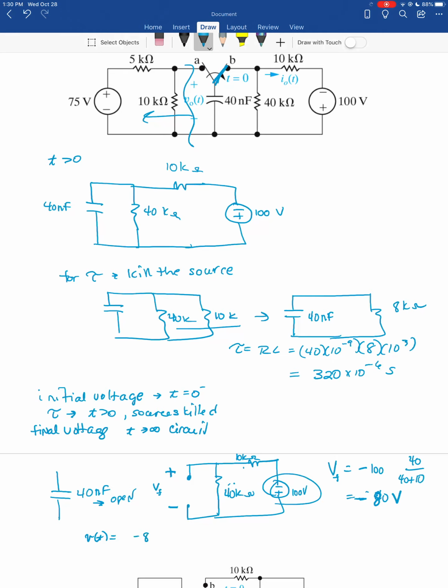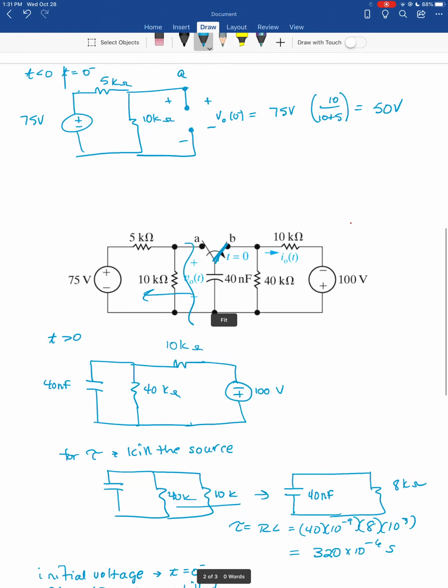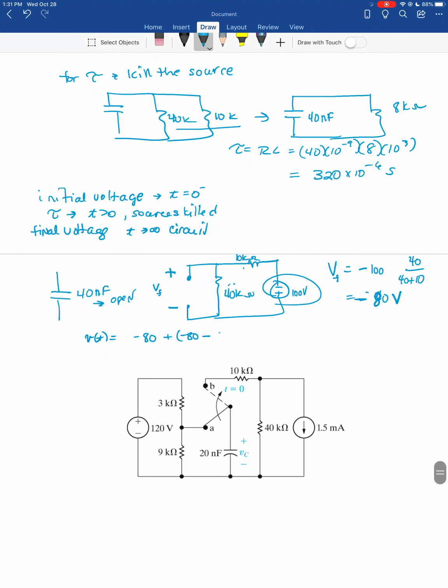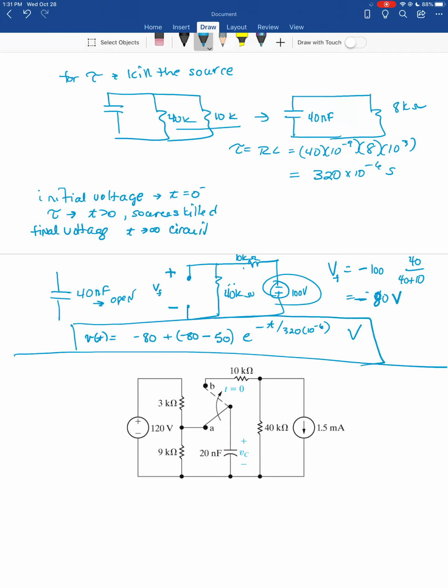Alright, now we can plug into the formula. V of t is our final voltage plus our initial voltage minus our final voltage, where the initial voltage was 50, times e to the minus t over tau, where tau is 320 times 10 to the minus 6, and that's in volts.